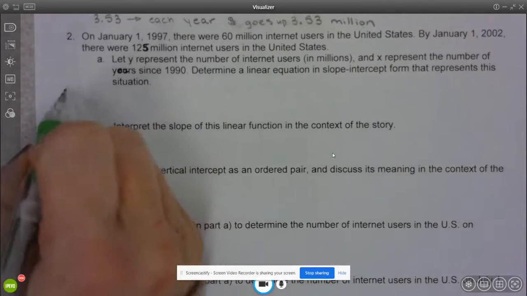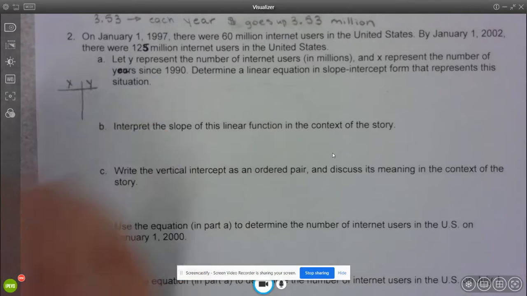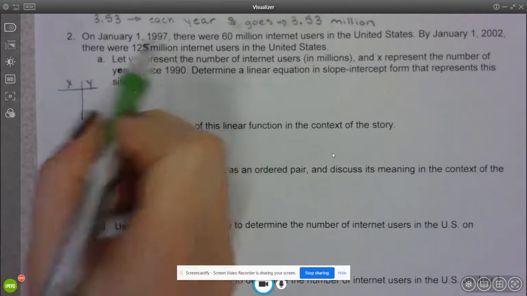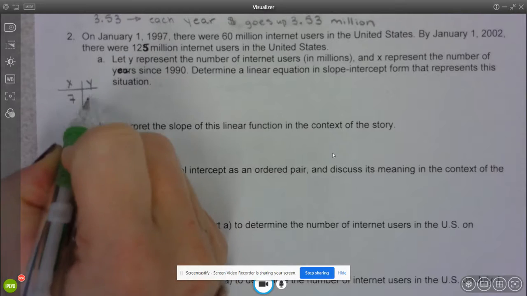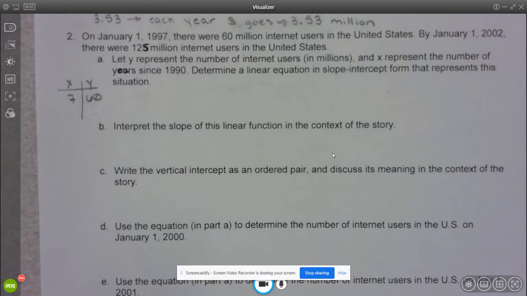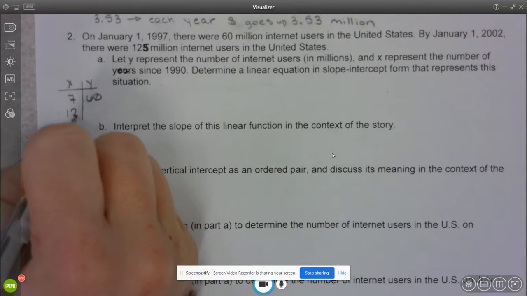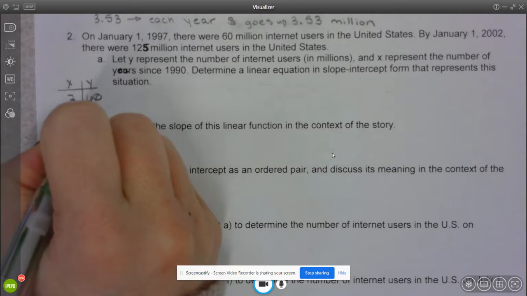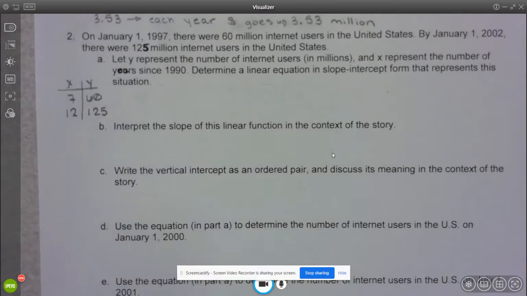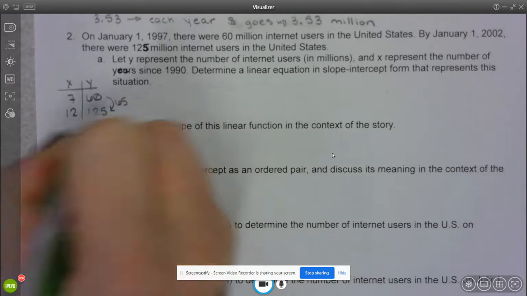So let's go ahead and start working on finding our slope. So 1997 is 7 years since 1990. And 2002 is 12 years since 1990. So between 125 and 60, that's 65.